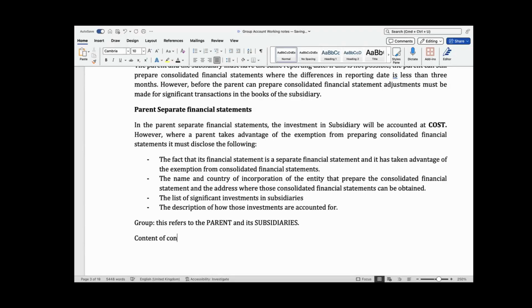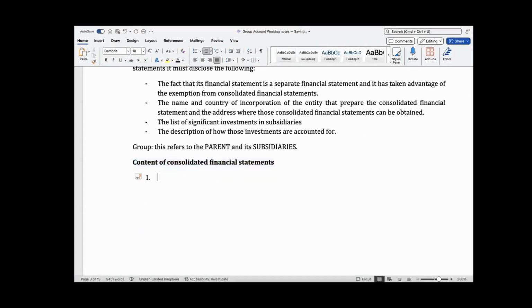Finally, is the content of consolidated financial statements. So when you pick up consolidated financial statements, these are the contents. Number one, you will find the parent separate financial statement there. You will always find it in the consolidated financial statements. Number two is the consolidated statement of financial position.